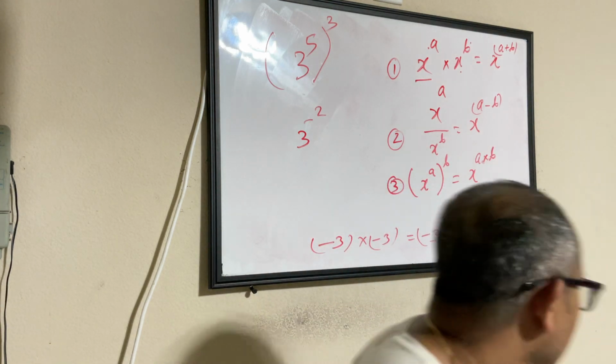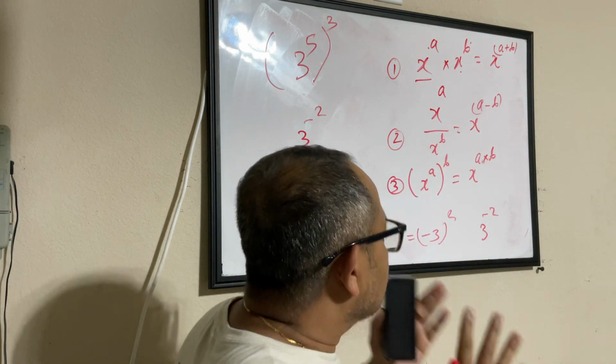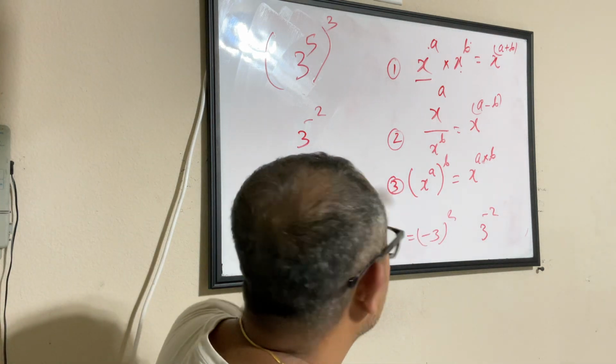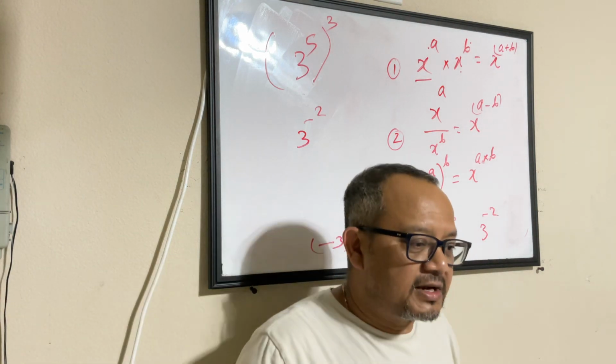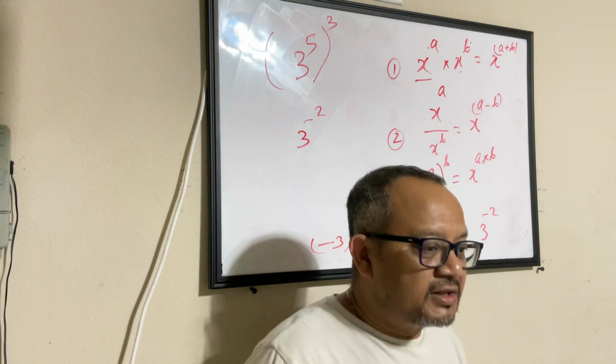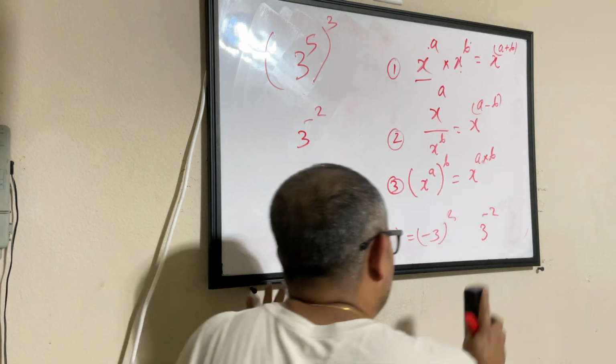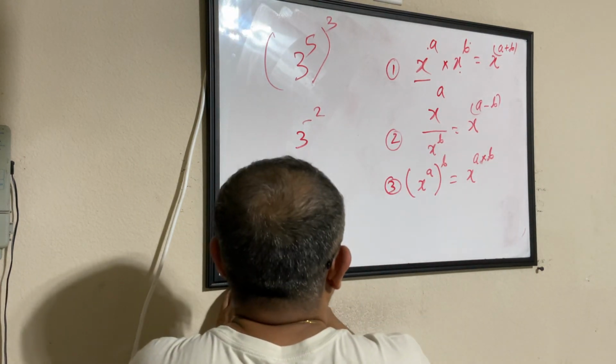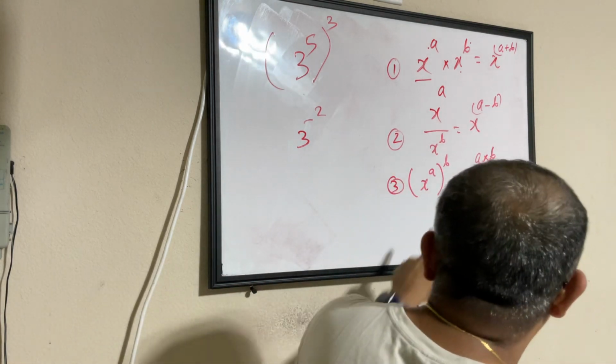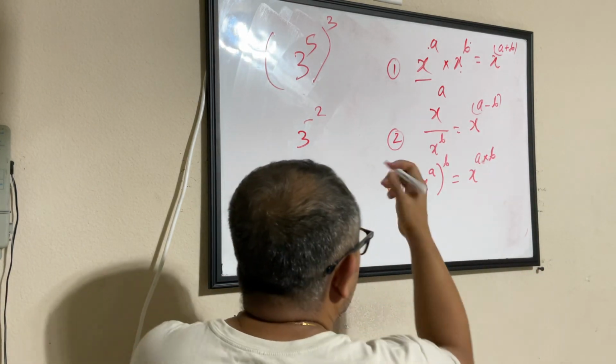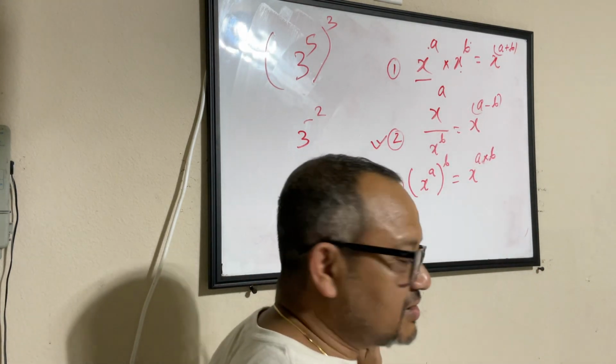Let's move on. Now, some of you gave me the right answer. It will be 1 by 3 square. Right? Like what Sandrine said or what Tansi said. Let me decode this for you guys. Now look at this thing. This second rule that we saw just now.